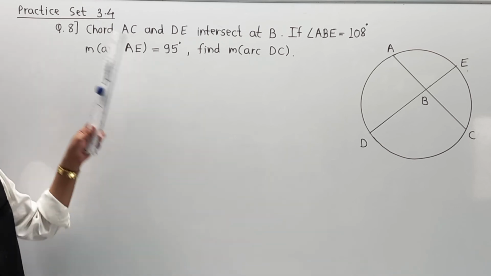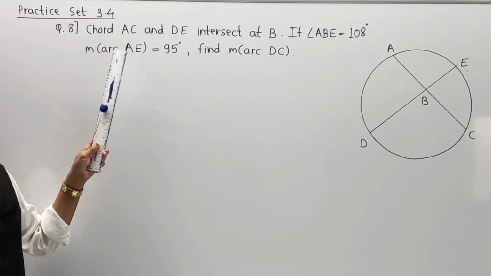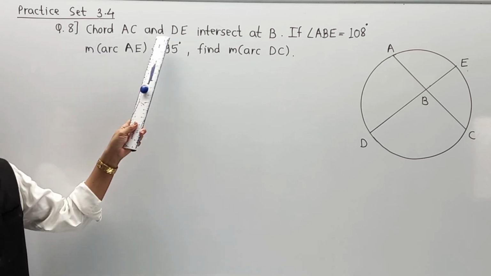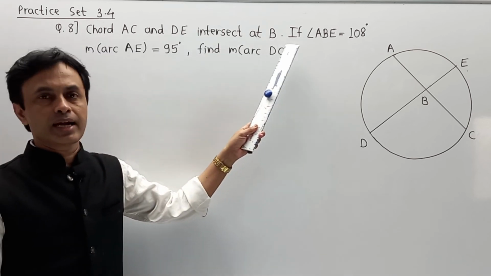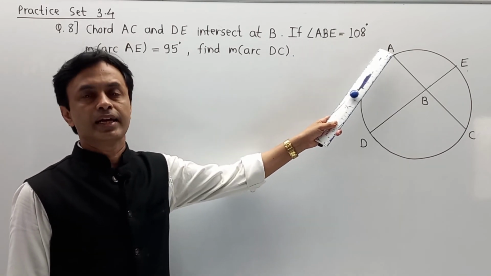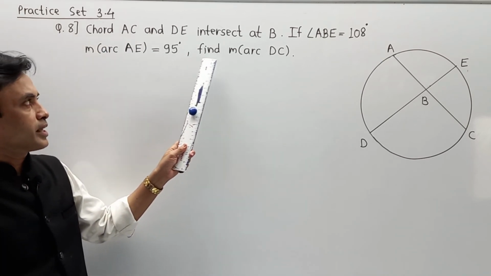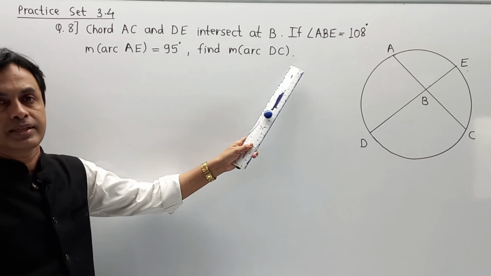Hello friends, now we are in practice set 3.4, question number 8, and the question is: chord AC and DE intersect at B. If angle ABE is 108 degrees, major arc AE is equal to 95 degrees, find major arc DC.